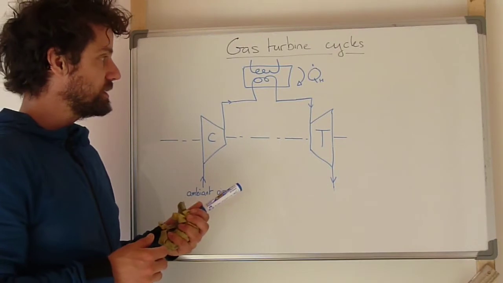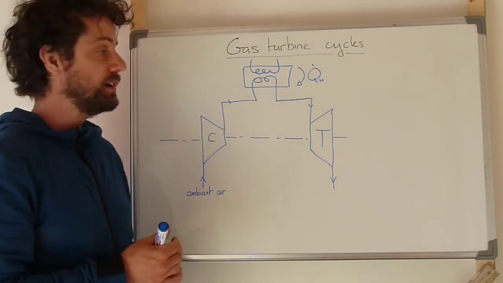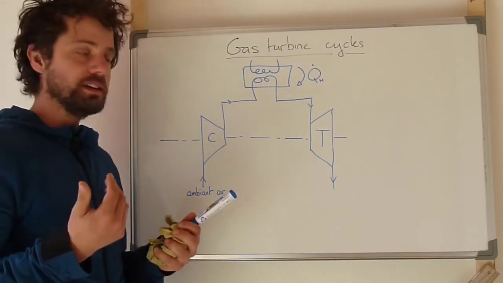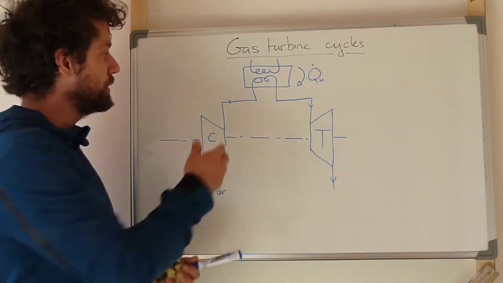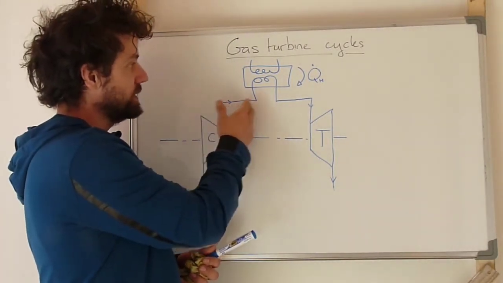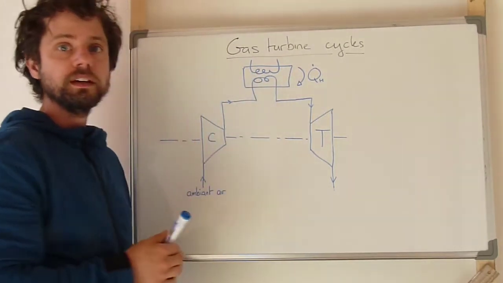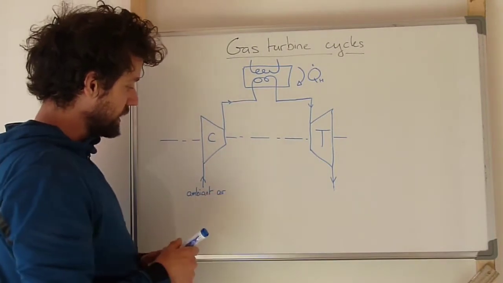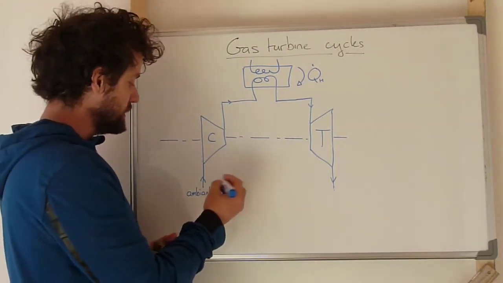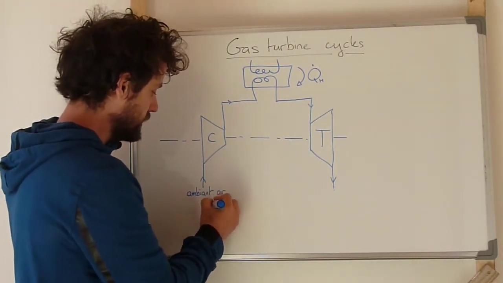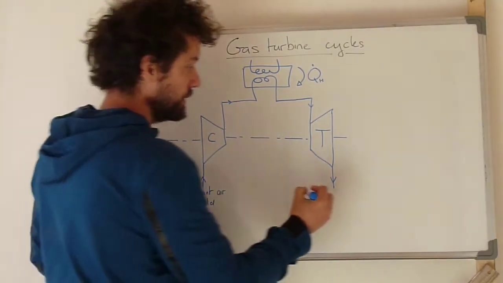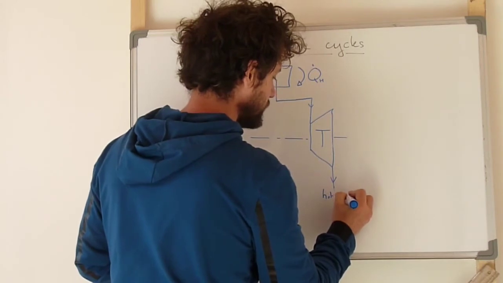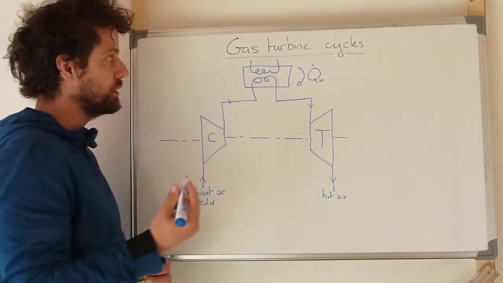So if we do that, another advantage we have is that we don't have any change of the nature of the fluid that is going across this heat exchanger. So if we have ambient air at the inlet but cold air, we will have only hot air but the same chemical nature for the fluid at the outlet of the turbine.